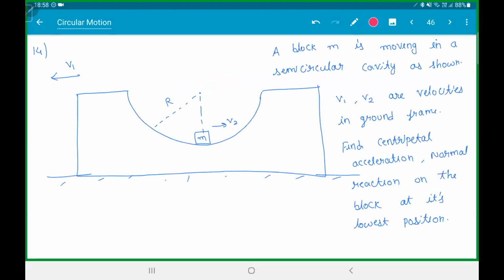Think about it. Do you think if you're standing on the ground, this is actually going in a circle? It is going like this and it's also coming back now. It's not going in a circle. So you tell me who thinks this is going in a circle? The person standing here will think it is going in a circle, isn't it?